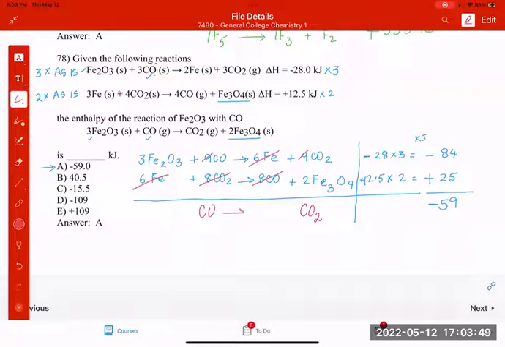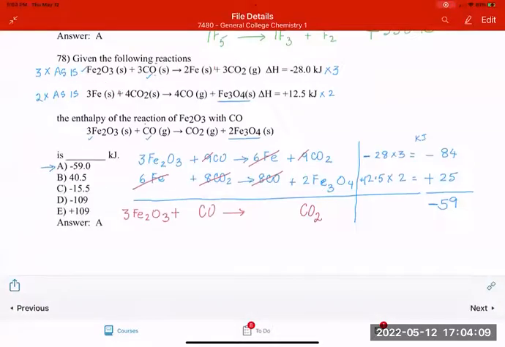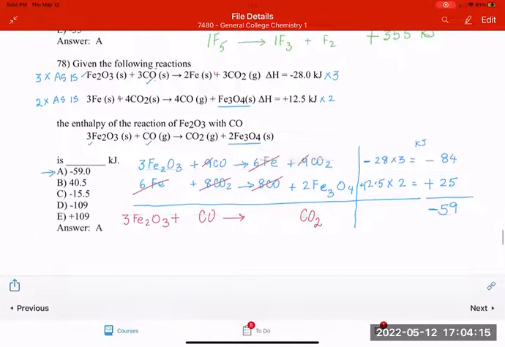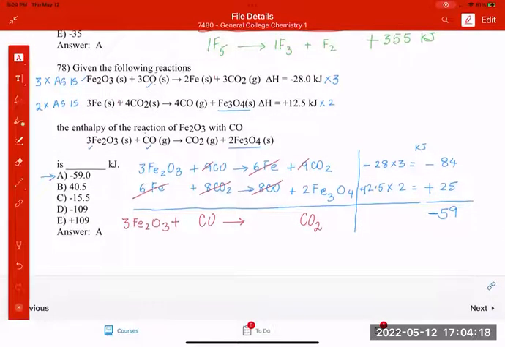And then you are left with 3 Fe2O3 plus 1 CO gives 1 CO2 plus, and then the last one, 2 Fe3O4 plus.